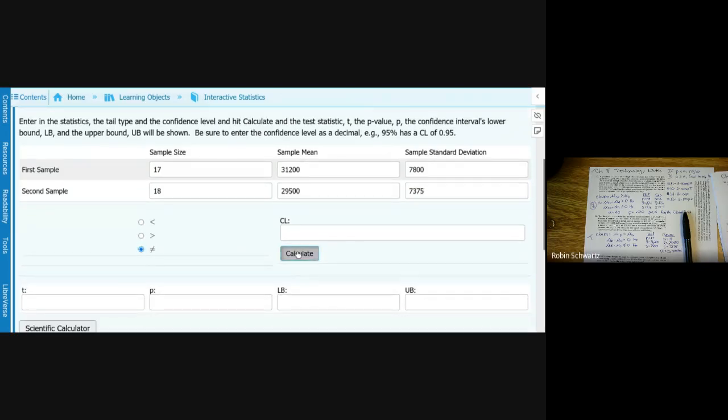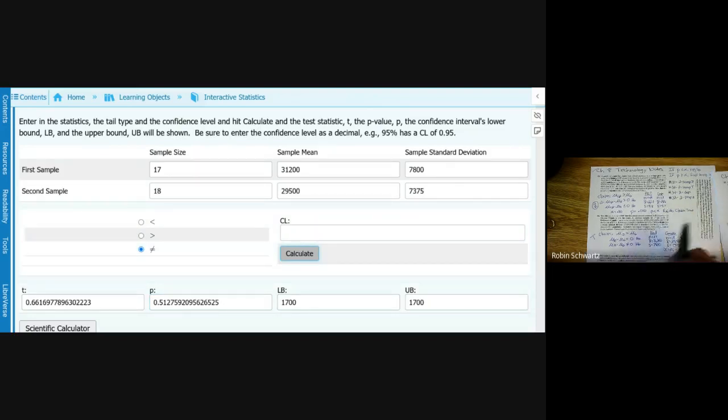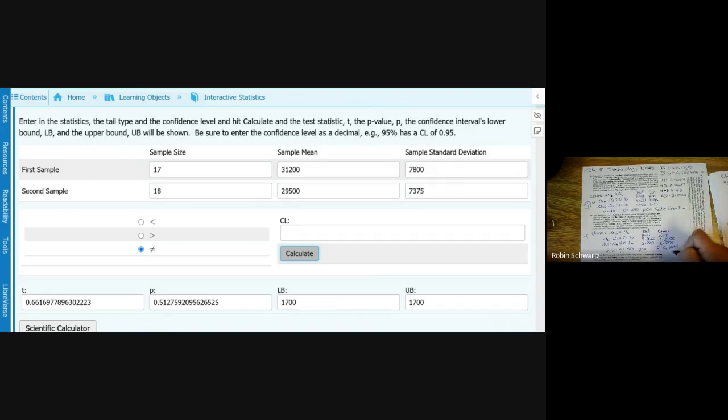Now, not equal to for Ha, and calculate. Our p-value is 0.513. Our alpha was 0.01, so it is definitely bigger.